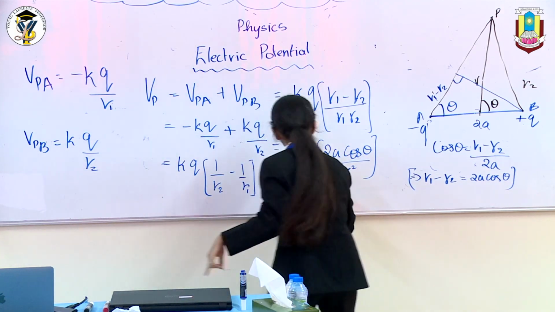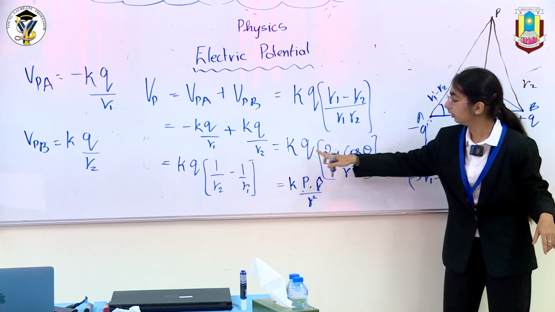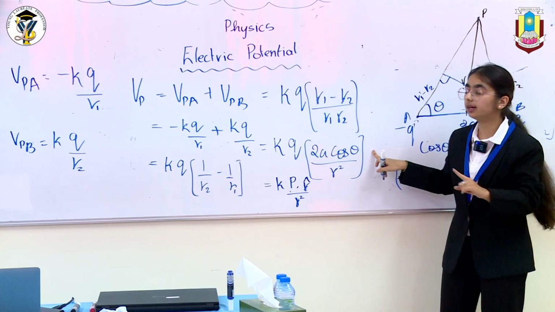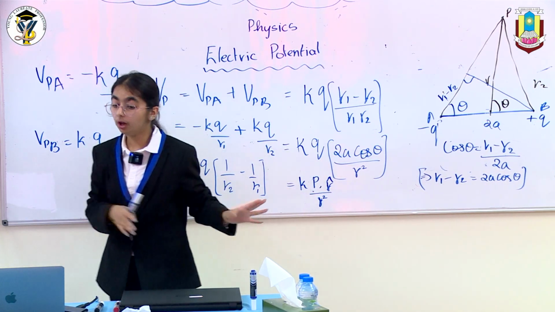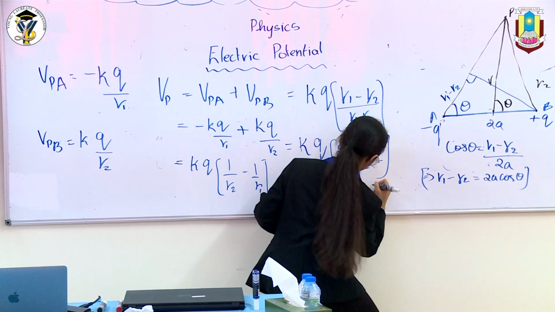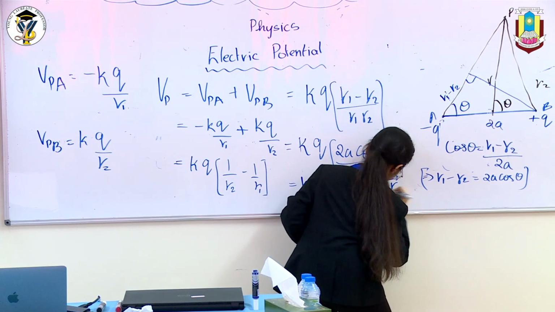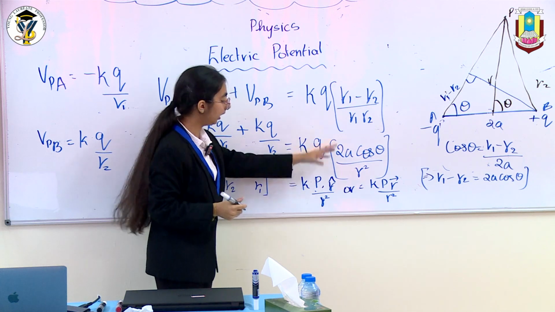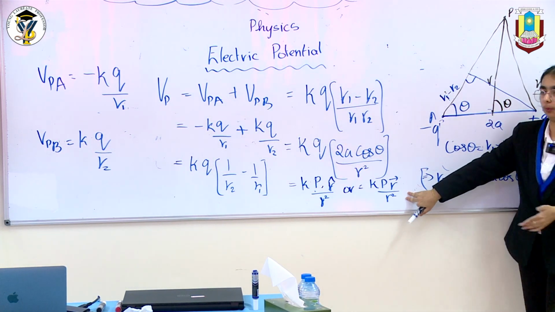So it becomes k p dot r cap by r square. This becomes p cos theta as a dot product, and since r cap is 1, it doesn't affect the original formula. We can also write this equation in another form. How did this happen? When we multiply the numerator and denominator by r, we get this equation.